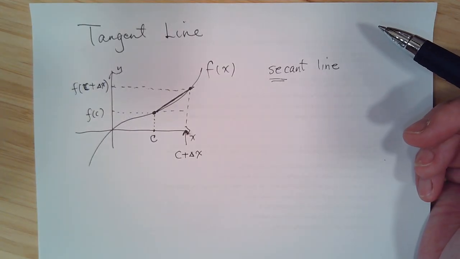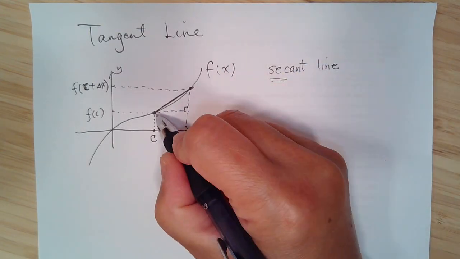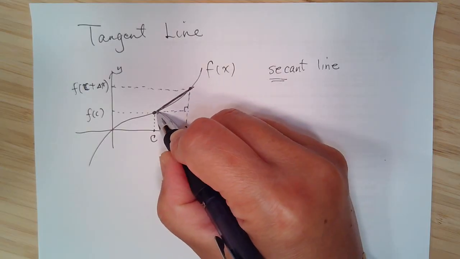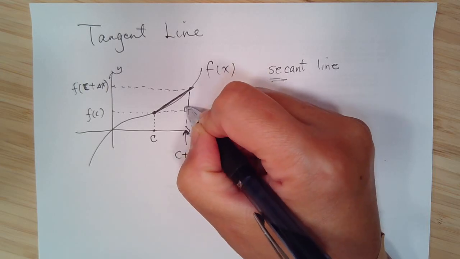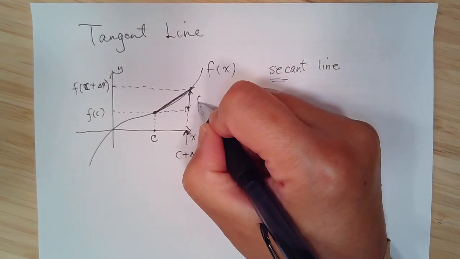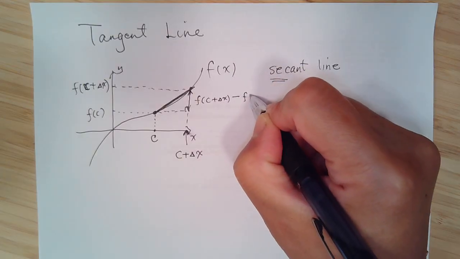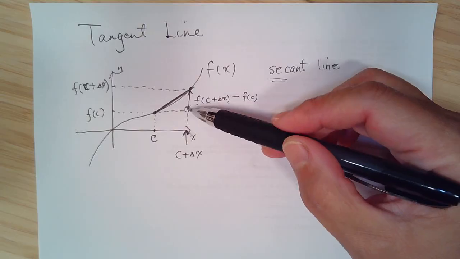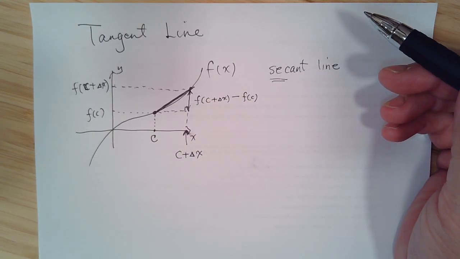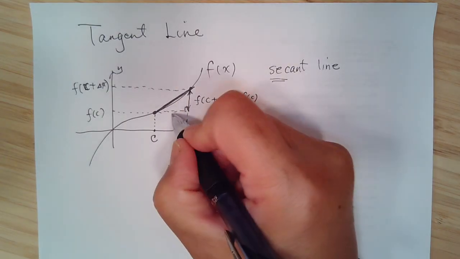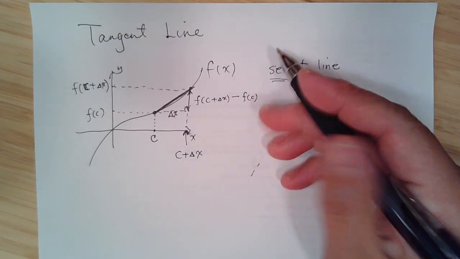Now this is a right triangle, and if you want to know how much this is, you can use the Pythagorean theorem. However, we can also know what this is. That should be f of C plus delta x minus f of C. That's the difference between the y coordinates. And what about this difference? The difference between these two x coordinates should be just from C to C plus delta x, so it should be just delta x. All right, rise over run.